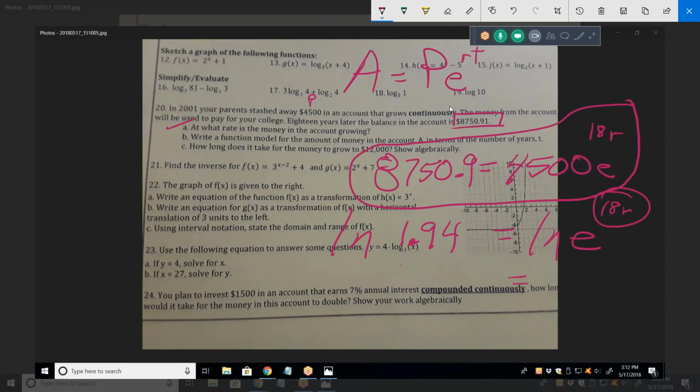I think what your teacher meant was this: you get to bring the 18R down in front. But because it's natural log, the natural log of E is 1. So I can just cross that off and replace it with 1.